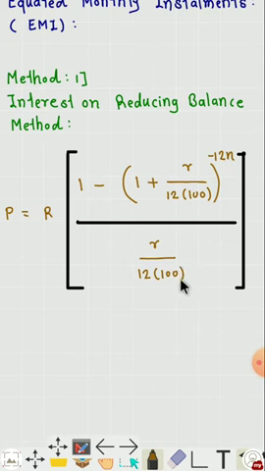So this is the formula for present value of an annuity.